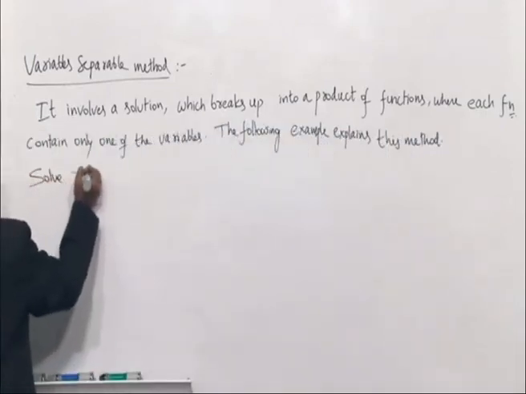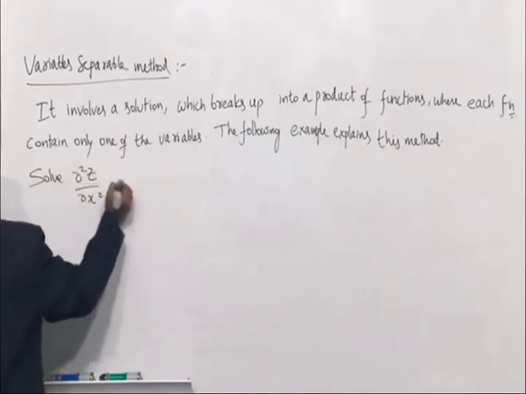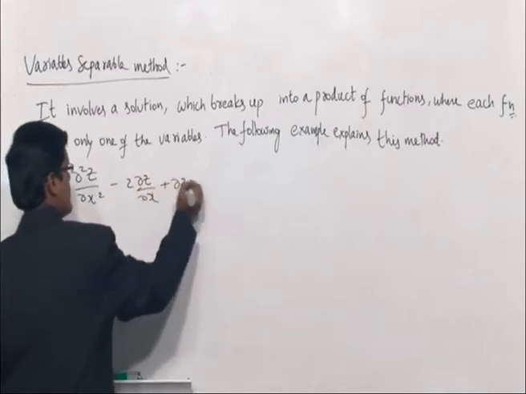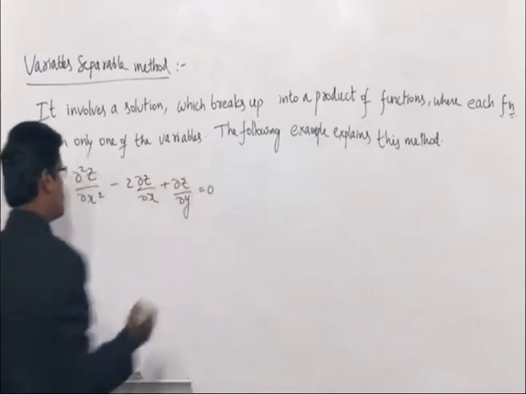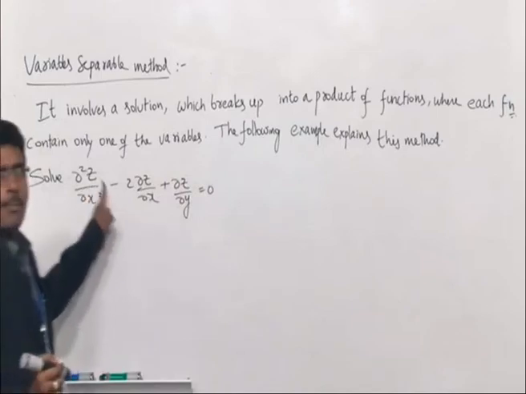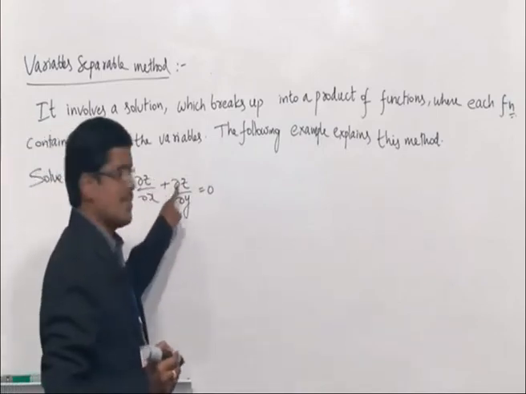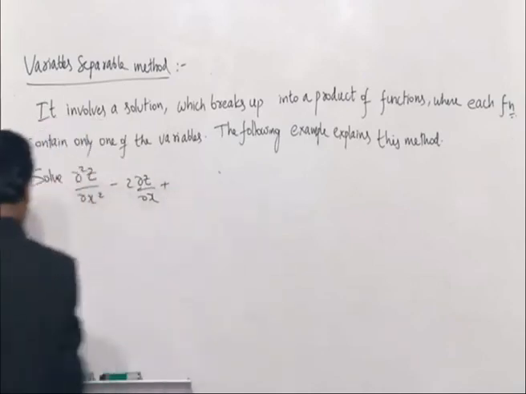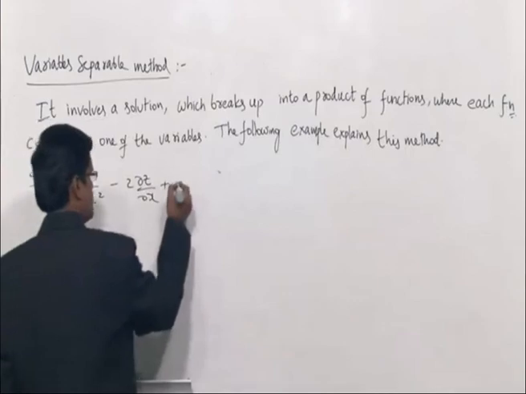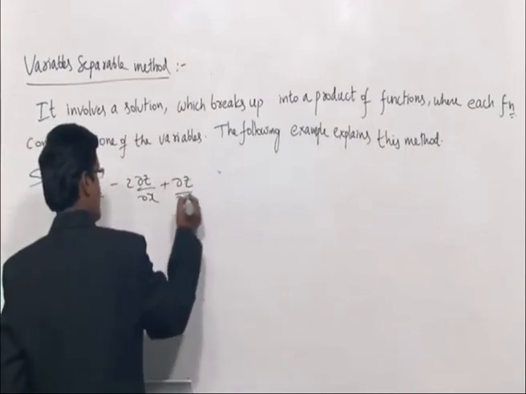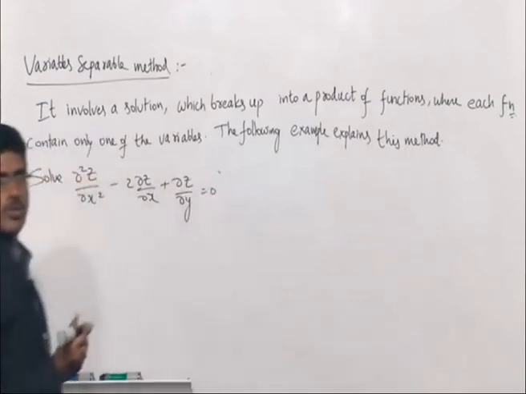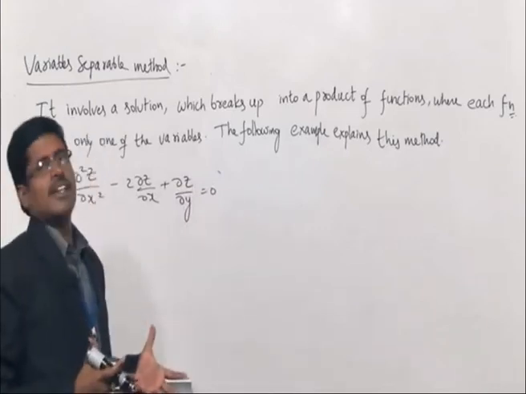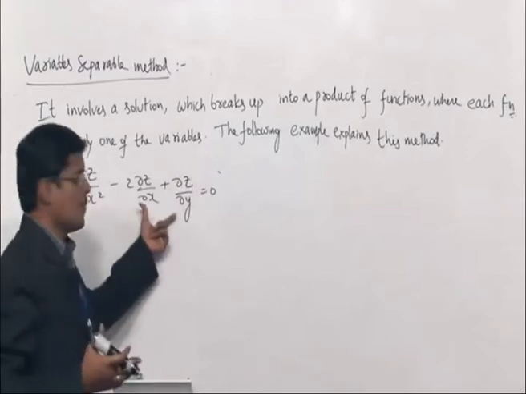Solve del square z by del x square minus 2 times del z by del x plus del z by del y is equal to 0. Here z is the dependent variable, that is, the unknown function. After finding, it becomes a solution in terms of the two independent variables x and y.